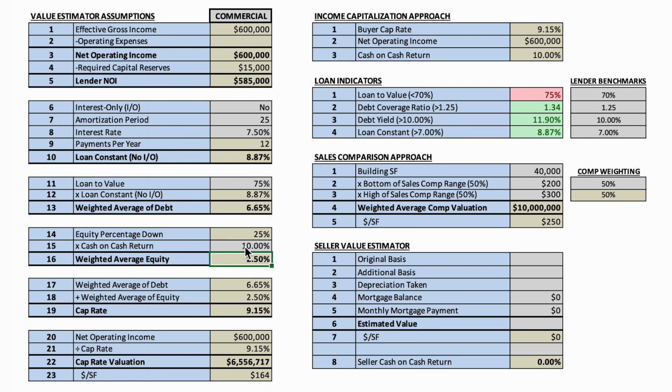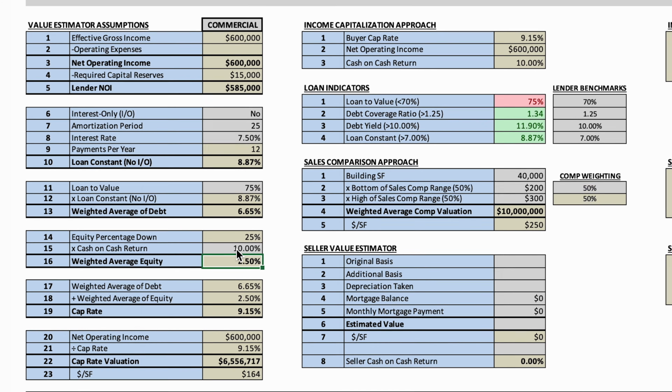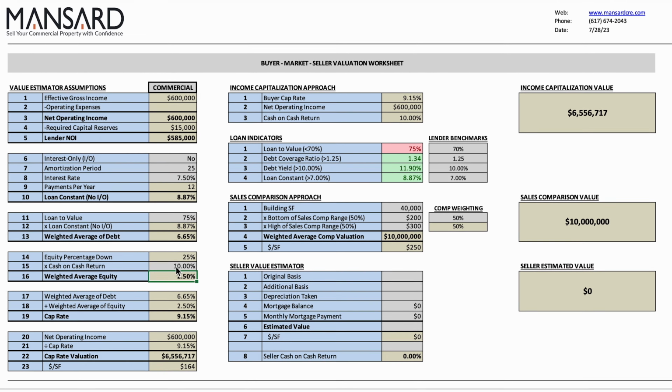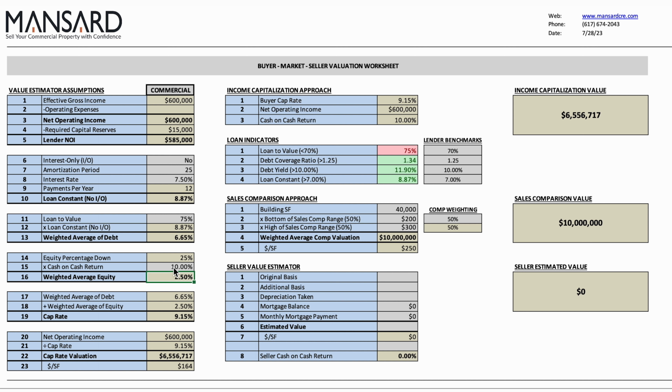So the key here is the market's changing so fast that seller expectations will lag that, because we tend to look backwards at what's happened near us, and we value our assets based off of what we know about. But if we look forward at what's happening, the lending market is changing so quickly that it's continually putting pressure on valuations in the market.